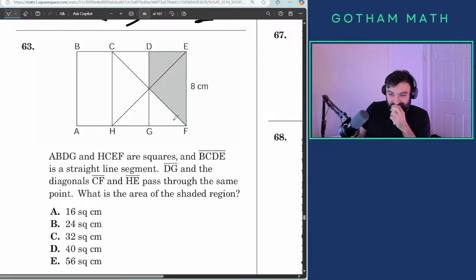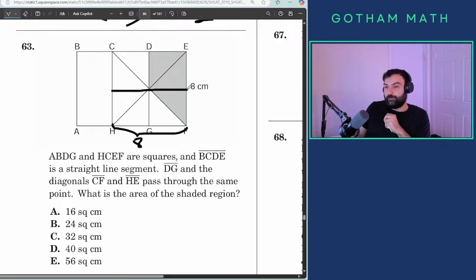Okay, so if this is 8, and it's a square, it means that this is 8 also. 8 times 8 is 64, so the full square would be 64. Now, what are these parts? In order to understand that, you need to split it again, like over here, to make perfect pieces.